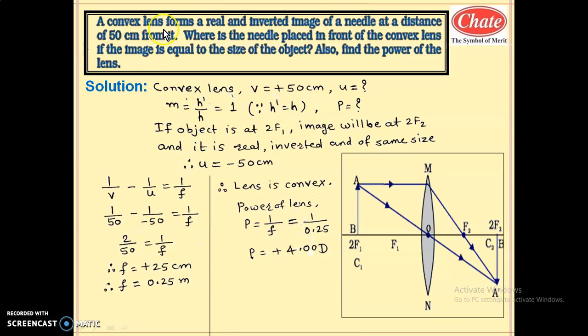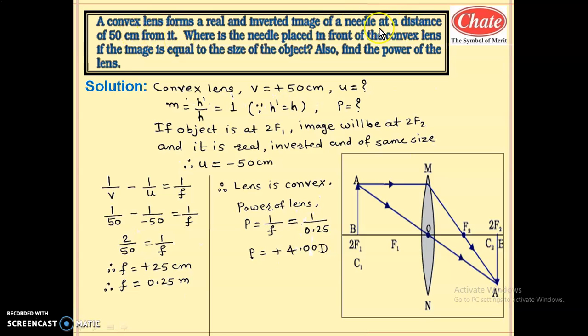A convex lens forms a real and inverted image of a needle at a distance of 50 centimeter from it.